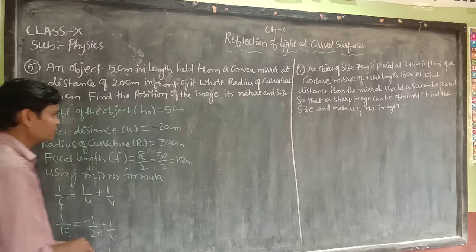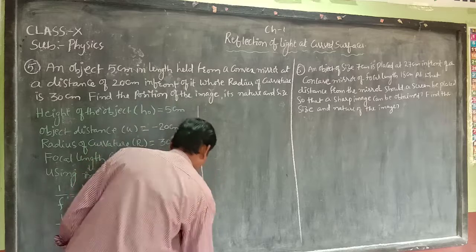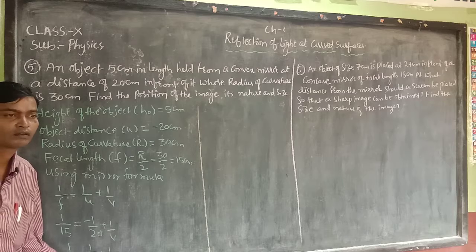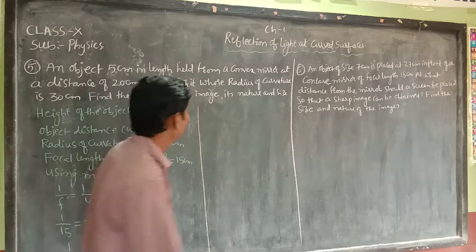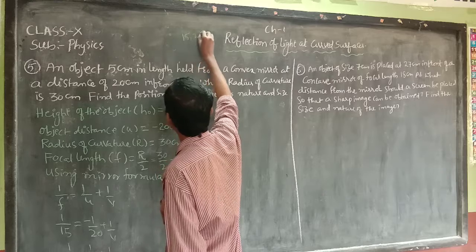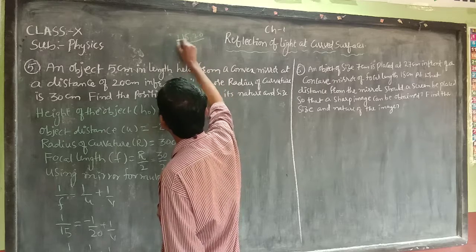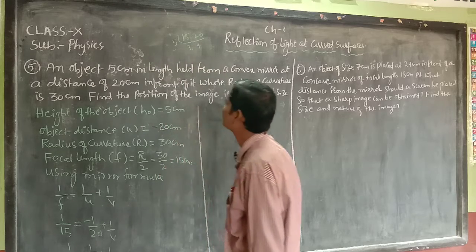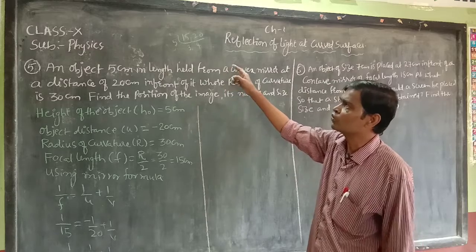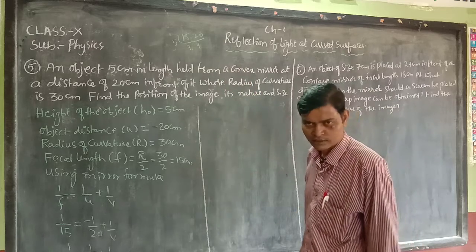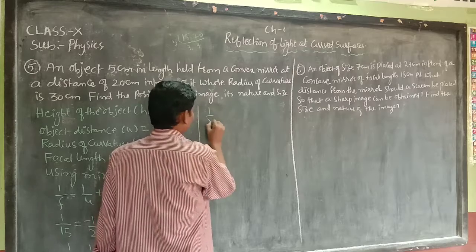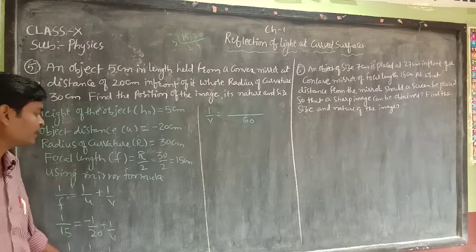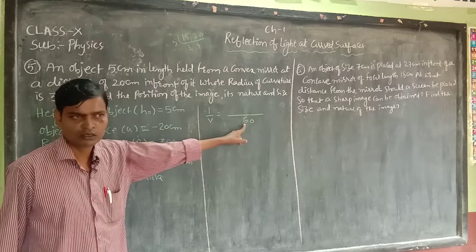What is the LCM of 15 and 20? Simply do 15, 20. 5 threes are 15, 5 fours are 20. So 5 into 3 into 4: 5 threes are 15, 15 fours are 60. So 1 by V is equal to, the LCM is 60. In the 15 table, how many times does 60 go? 4 times.